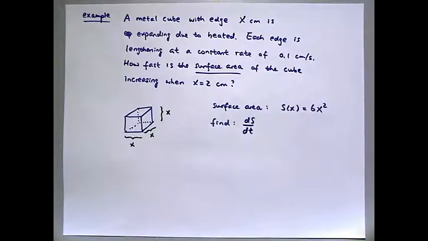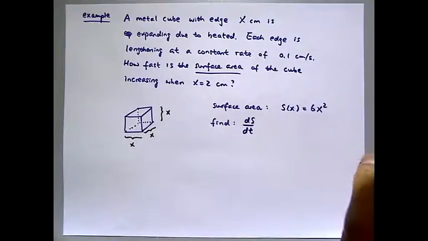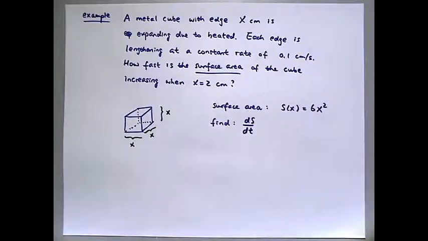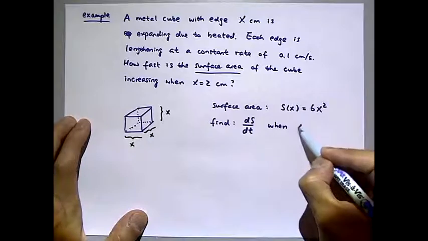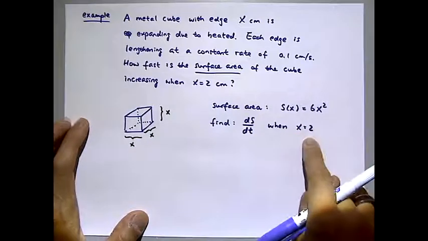It's like finding the velocity of a falling object at the moment right before the impact. At that particular instant, what is the object doing? What kind of velocity does it carry? Same kind of thing here. At that one moment in time, if you could freeze time, how fast is the surface area changing? We want to find this quantity at a particular instant when x is equal to 2.